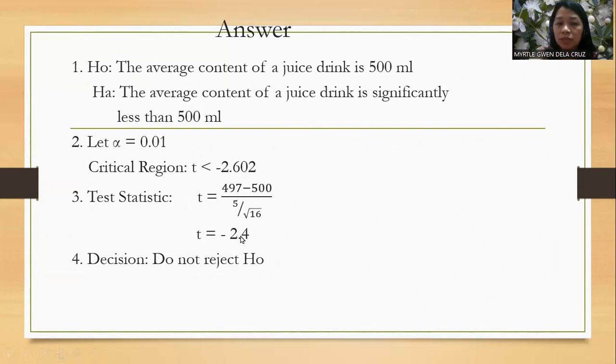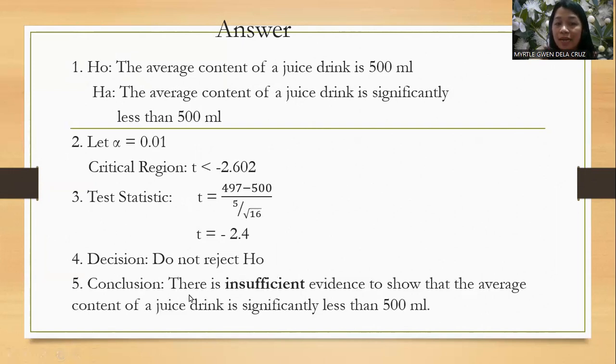Okay, so since this is not less than negative 2.602, then we do not reject the null hypothesis. And we conclude that there is insufficient evidence to show that the average content of a juice drink is significantly less than 500 ml.